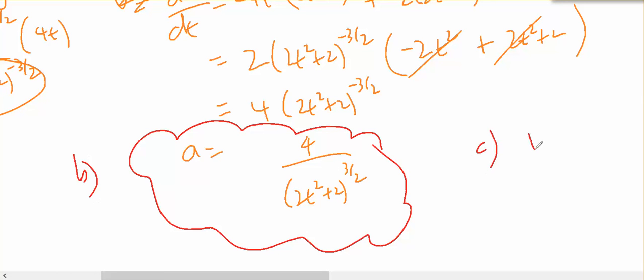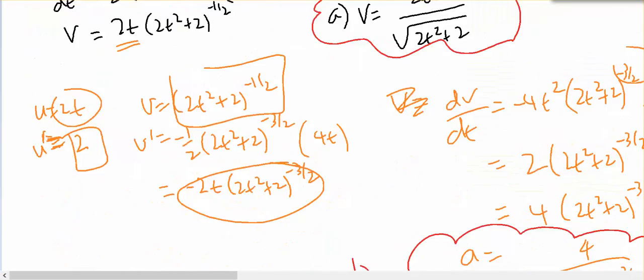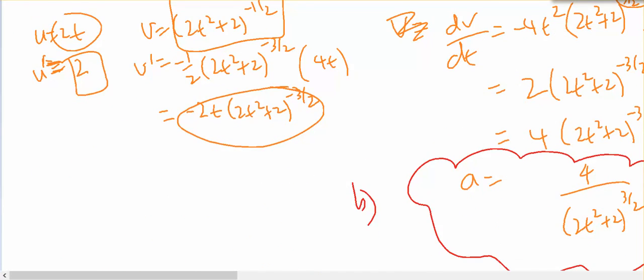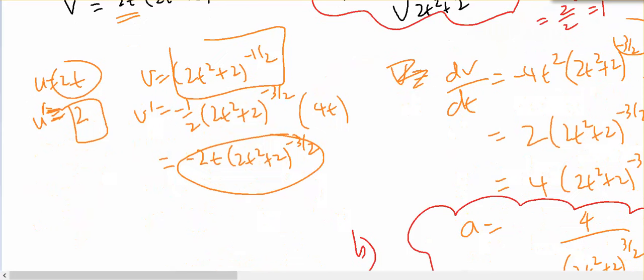Part C said find velocity and acceleration at t equals 1. So where's my acceleration? There's my velocity. When t equals 1, it's going to equal 2 on top of the square root of 2 plus 2, which is 4, so 2 on 2, which equals 1.